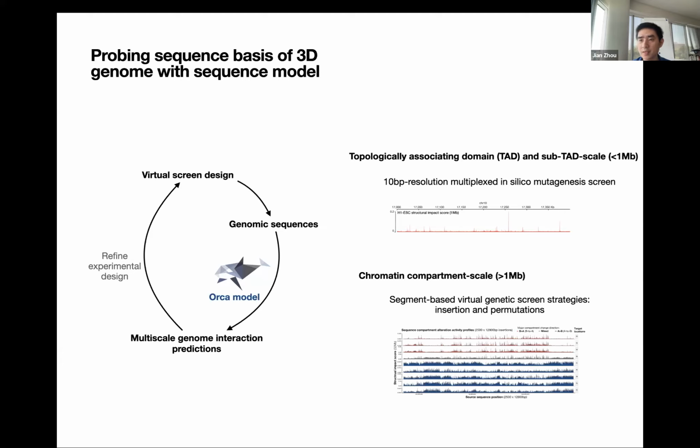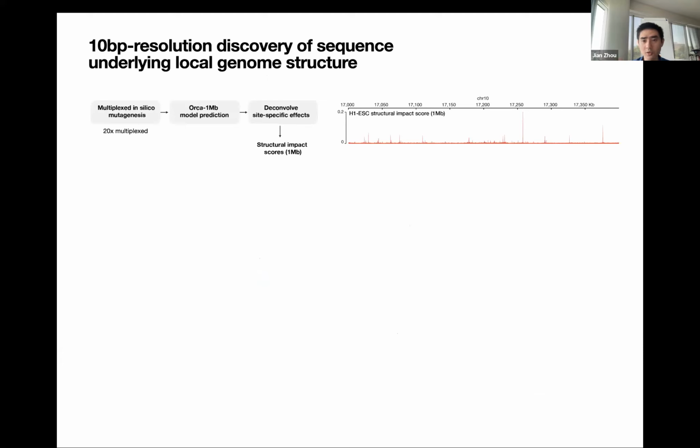sequence determinants of the 3D genome at different spatial scales. At different spatial scales, different screen strategies have to be designed. So first, at the more local scale, we design a strategy that mutates every 10 base pairs in this region, and not just in this region, but across the entire genome.